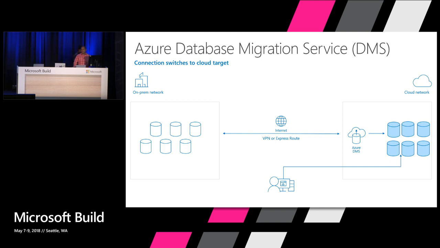So the only downtime that you are seeing here is when you hit the cutover button and when you do the connection string change from your source databases to the target databases. That's how easy it is to do minimal downtime migrations. So I want to switch to the demo quickly as well.